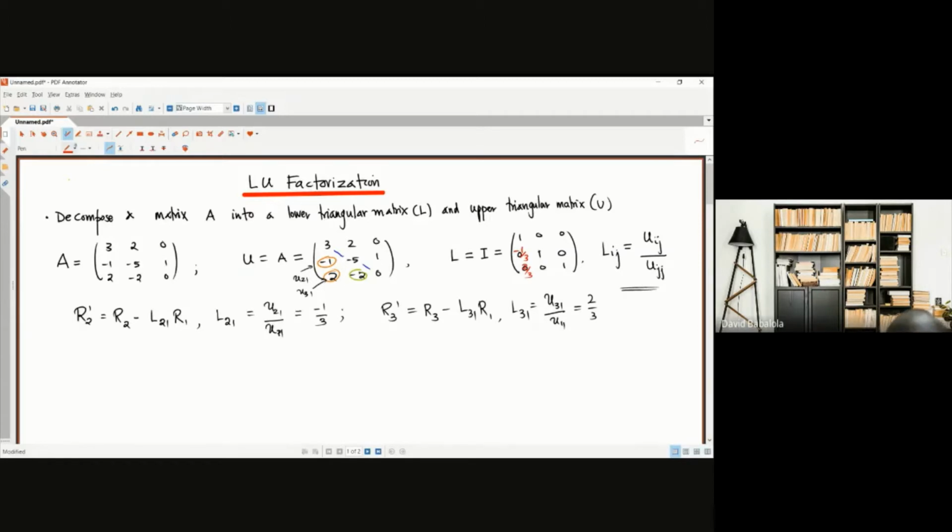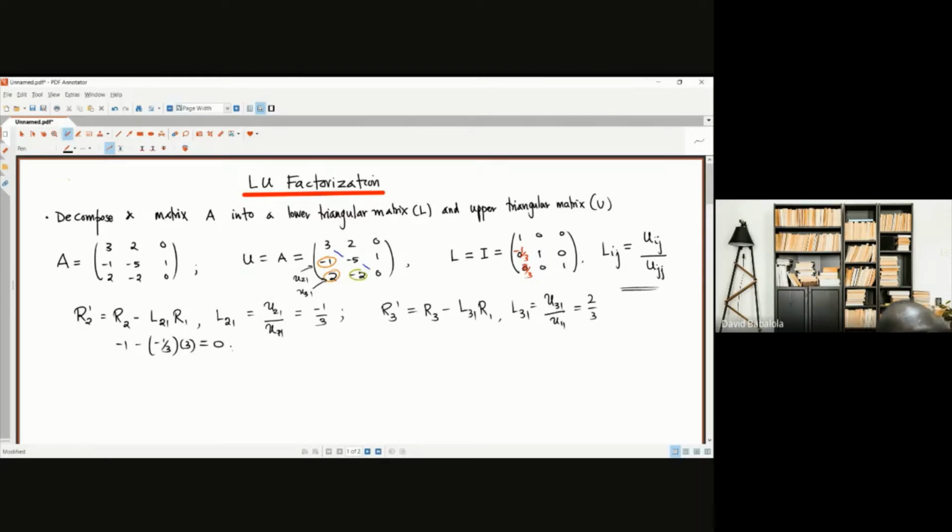Okay, so the next thing is we turn those U21 and U31 to 0, and that will lead us to U. So the first entry will automatically be 0. That will be minus 1 minus 1 over 3 times 3. That is 0.